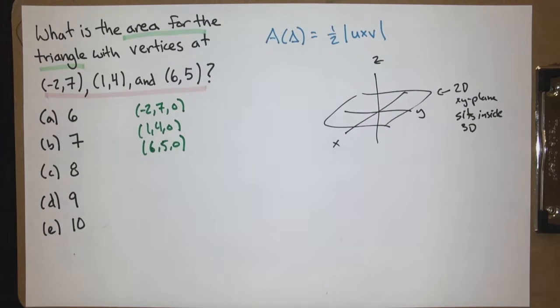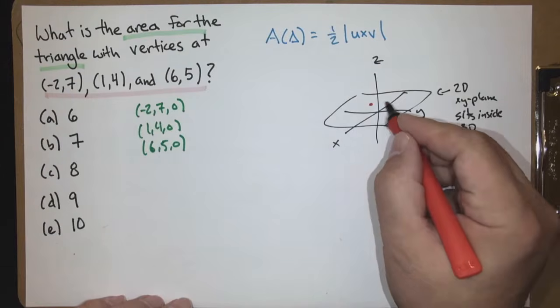All right. So now we have 3 points in 3 dimensions. We can take the cross product. Well, we can't take a cross product yet because what do we need to take a cross product? Vectors. We have points. So what do we do?